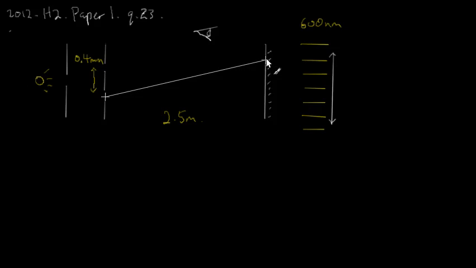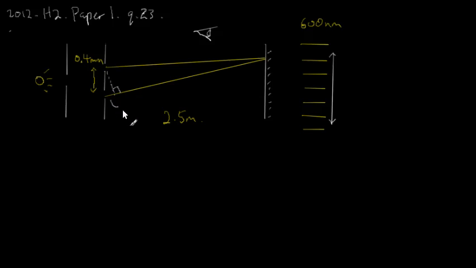So if we imagine say a light ray from one slit and a light ray from the other slit meeting at the point on the screen, then they would interfere constructively when the path difference between this ray and this ray is a whole number of wavelengths. So if I imagine drawing a perpendicular from that slit here, this distance is roughly the path difference.